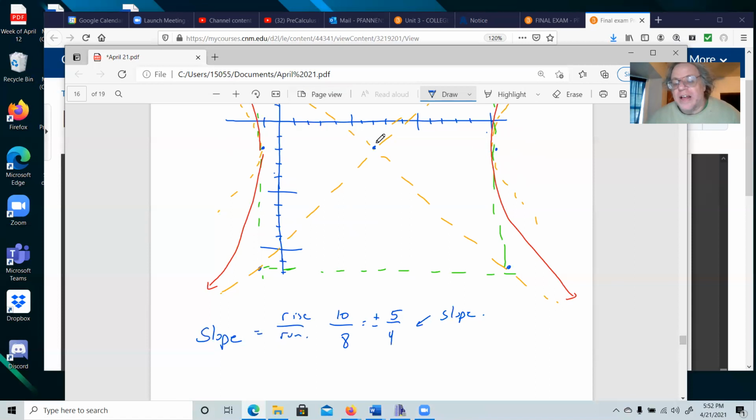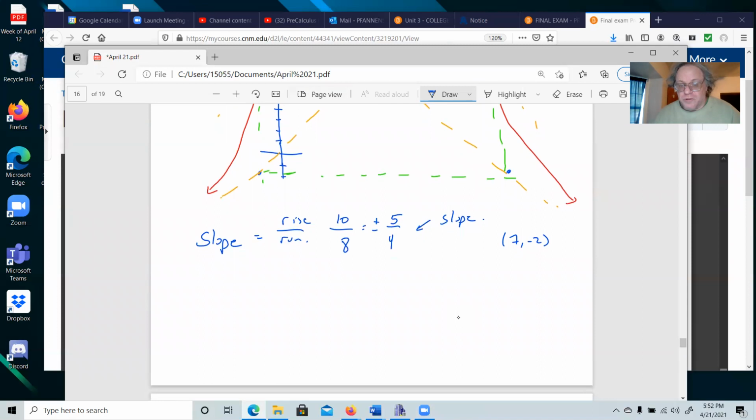Notice, both of the asymptotes go through the center. Both of the asymptotes go through the point 7, -2. So in order to get the equations of these lines, we're going to use point slope form. Remember, this is point slope form. The easiest model we have in math is a line.